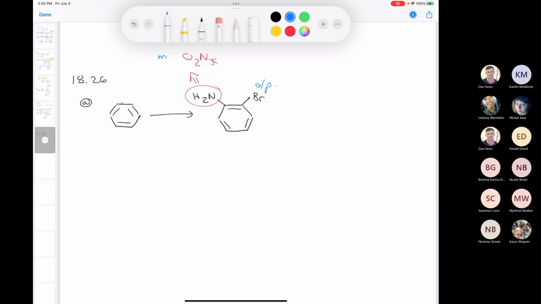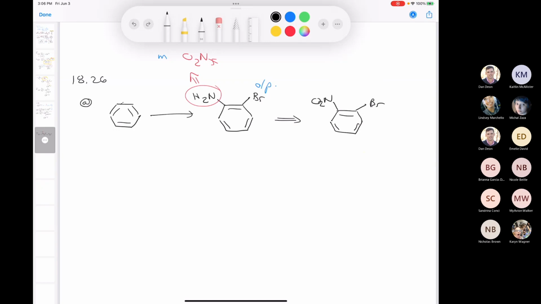So that means, if you think about this, if we could somehow make this compound where we have a nitro here, and then we have a bromine here, all we'd have to do is reduce it using iron or zinc and HCl, and then do a basic workup, right? So we could do that. So then the question becomes, well, how do you make this? Well, again, the bromine is ortho-para-directing, and the nitro is meta-directing. So you need to put the bromine in first.